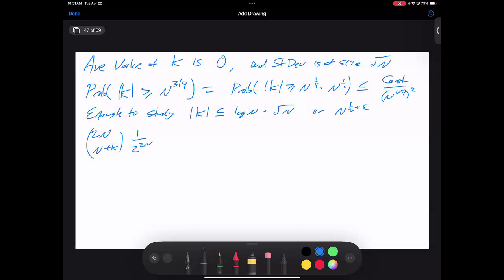The 1 over 2 to the 2n, I understand that. What can we do to the 2n choose n plus k? How can we write that? Expand it. So this is going to be 2n factorial over n plus k factorial, n minus k factorial, times 1 over 2 to the 2n.